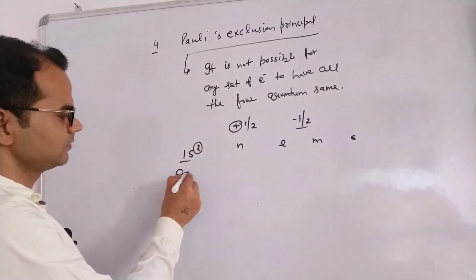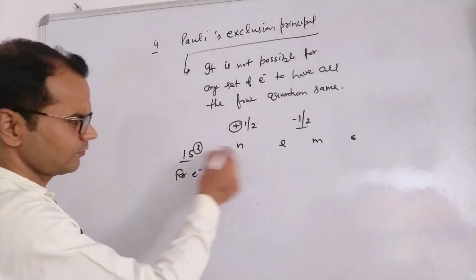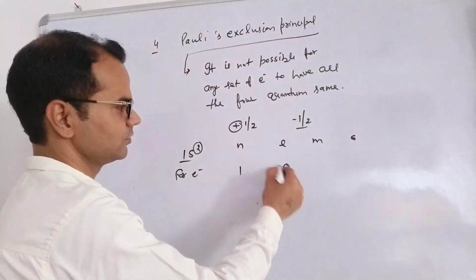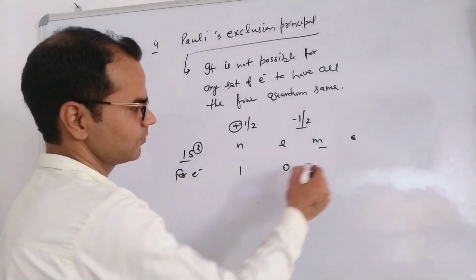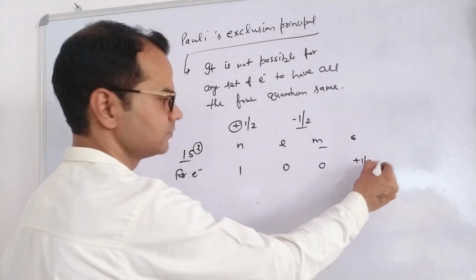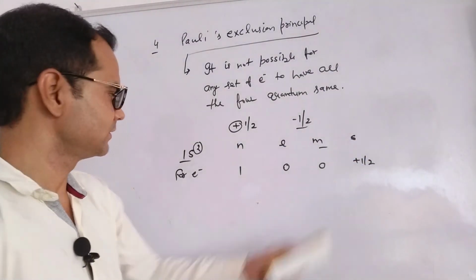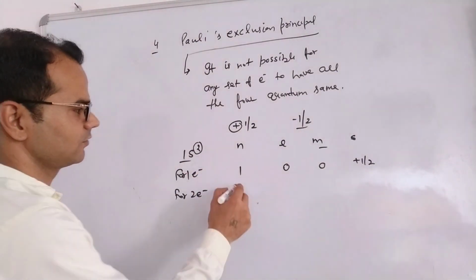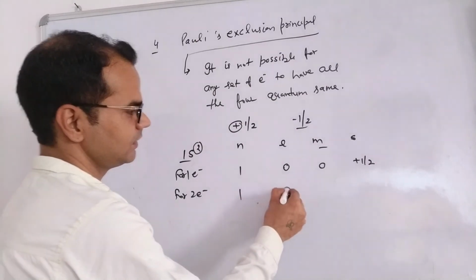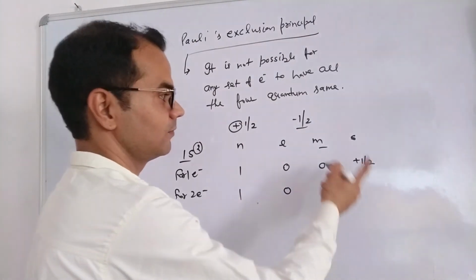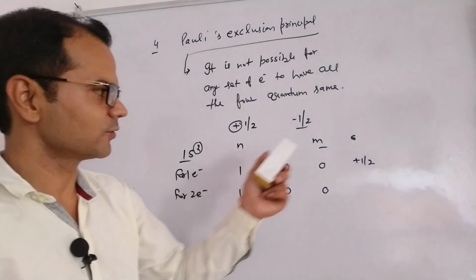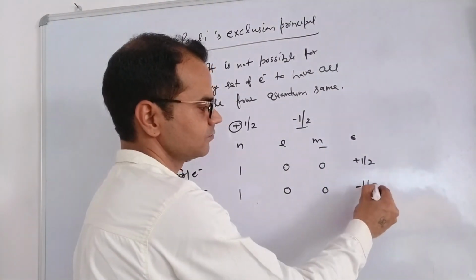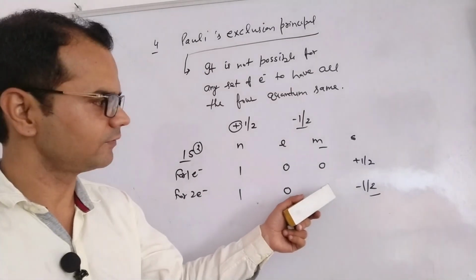For the first electron, n is 1, l is 0 because it is an s subshell, m is 0 since s contains 1 orbital, and spin is clockwise. For the second electron, n is 1, l is 0, m is 0 as for the first electron, but now the spin is different, so positive half is replaced by negative half.